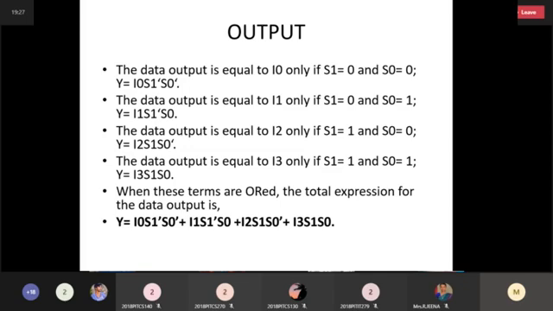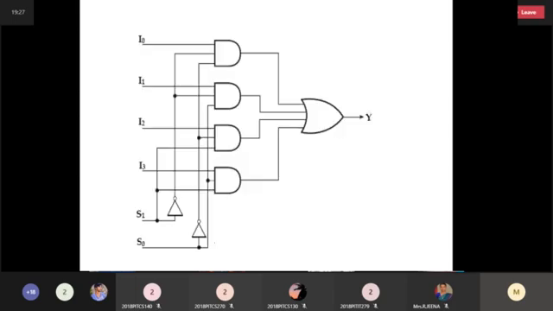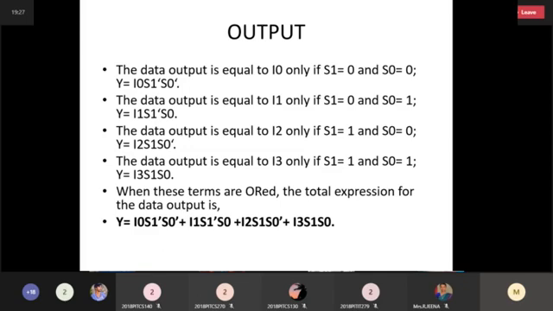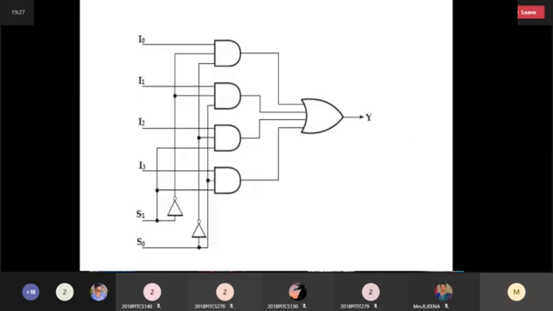Next one, the logical diagram. You have to draw the diagram for this expression, with I0, I1, I2, I3, S0, S1, and AND, OR and NOT variables.